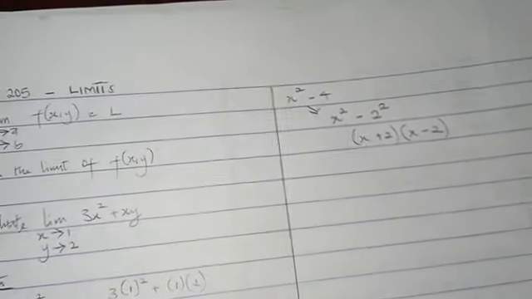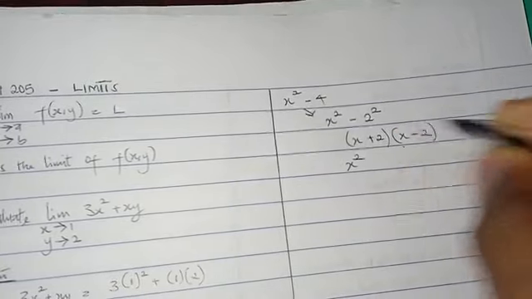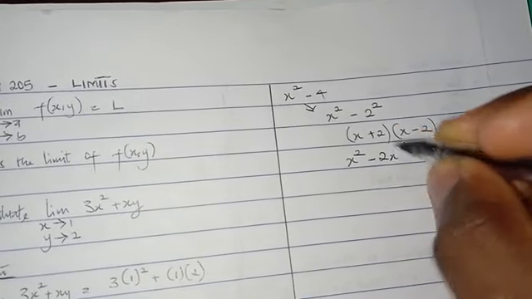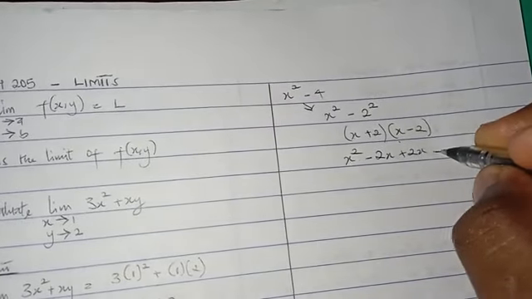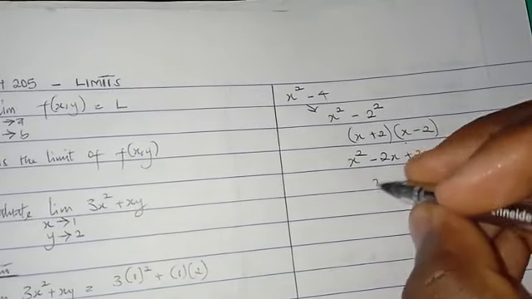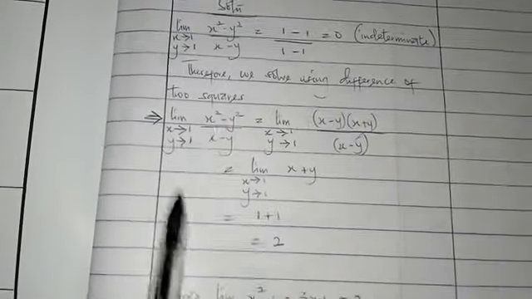If we try to open the bracket: x times x is x squared, this gives minus 2x, this gives plus 2x, this gives minus 4. The minus 2x and plus 2x cancel each other, leaving x squared minus 4. So that's what we'll do here too.